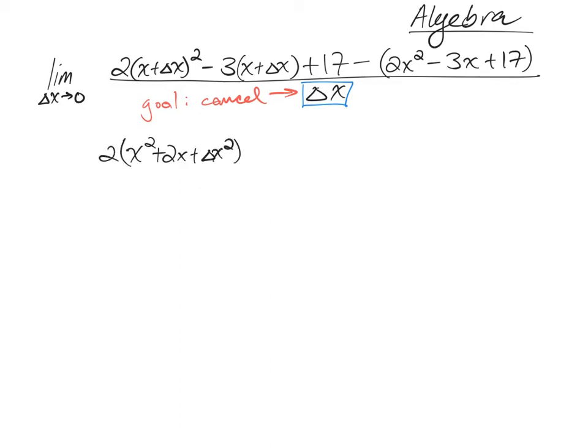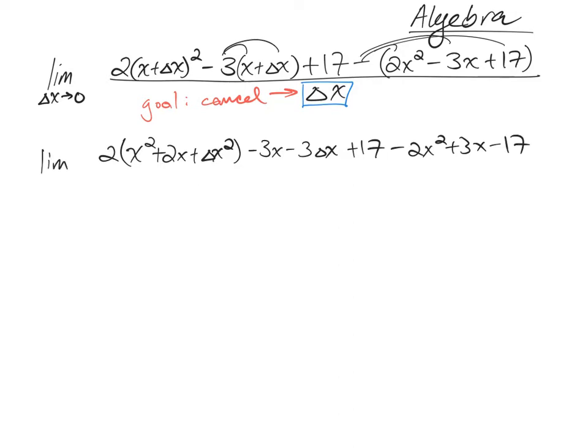Now that is still all multiplied by 2, and so we can distribute the negative 3 here and get negative 3x minus 3 delta x plus 17, and I'm going to distribute the negative over here to get negative 2x squared plus 3x minus 17. So this is still limit as delta x approaches 0, all over delta x. We have not canceled that yet, or reduced it away.